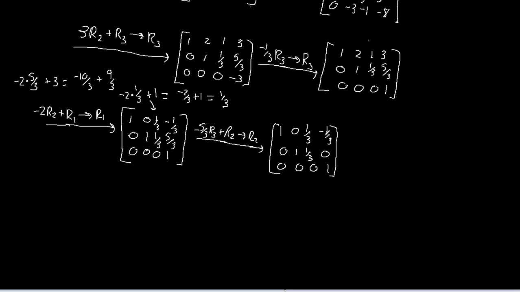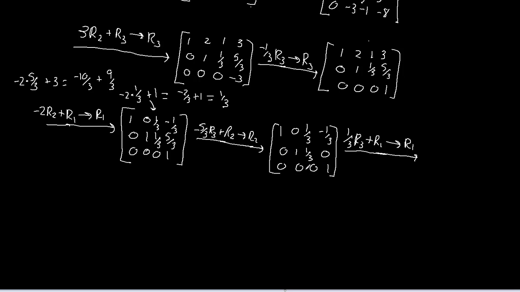How do we get rid of this last negative 1/3? Well, we multiply this by 1/3 and then we add it. So to do that, that's going to look something like this. We're going to do 1/3 times row 3 plus row 1 goes to row 1, right?